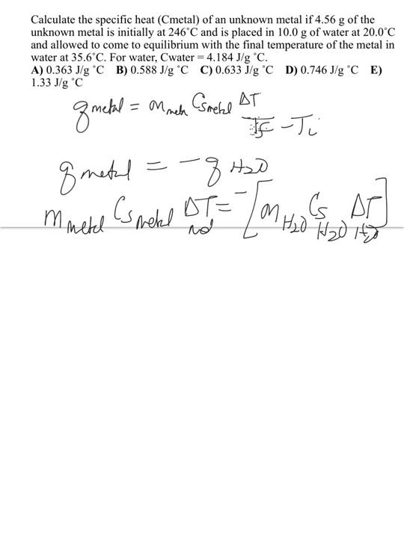And this one's the metal. So I would just go ahead and calculate your delta T for your metal. Initially at 246, and then the final is the same temperature.